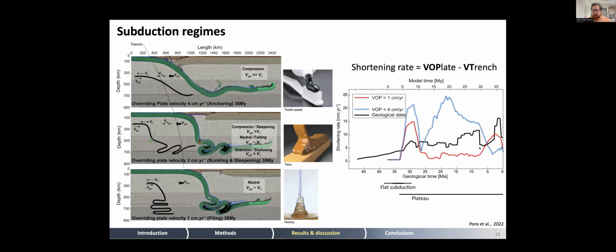In all of the models, we are always overestimating the shortening following the flat slab steepening. But the model with 2 centimeters per year, which also corresponds to the average velocity of the overriding plate over the last 30 million years, seems to predict those pulses of shortening rate that we observe in the last 15 million years.